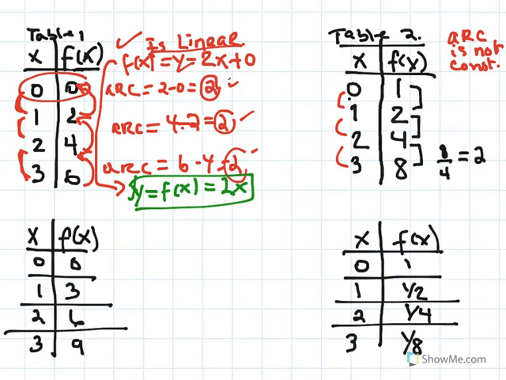That gives me a 2. Now 4 divided by 2 gives me a 2. And 2 divided by 1 gives me a 2. So what I'm getting here is that if I divide outputs corresponding to consecutive inputs, I get a constant number, and that number is 2.